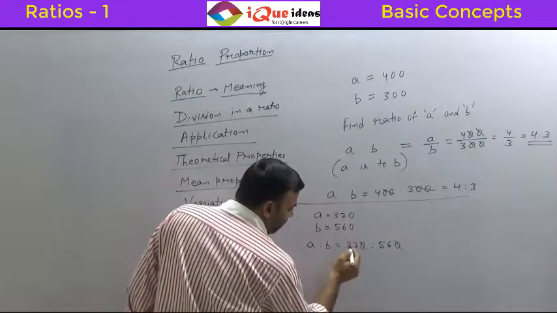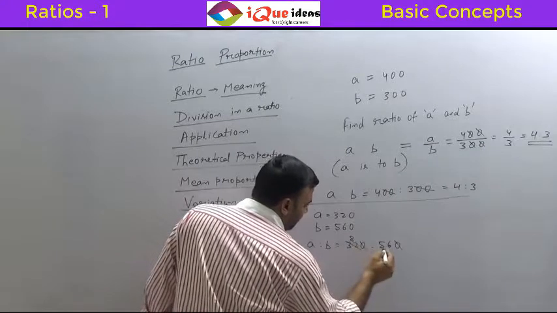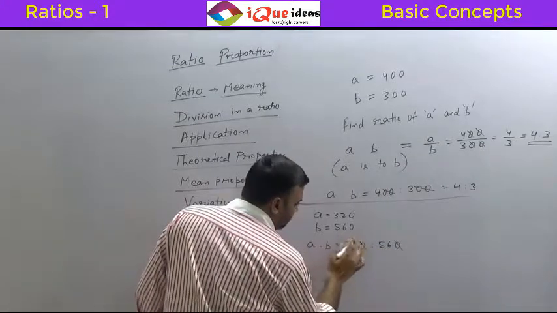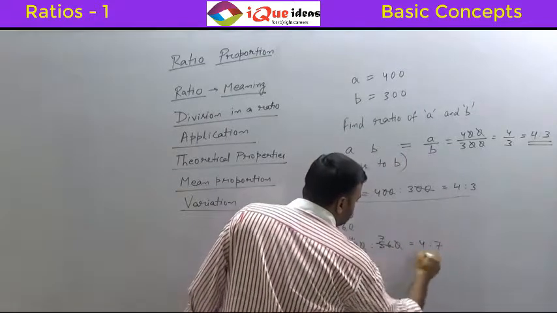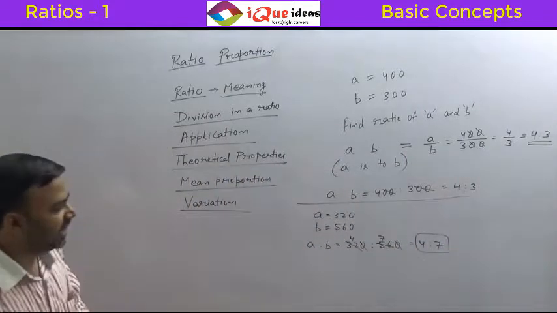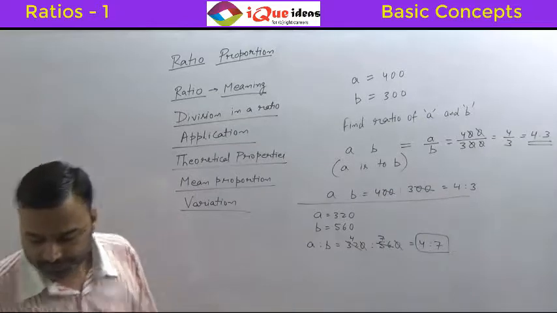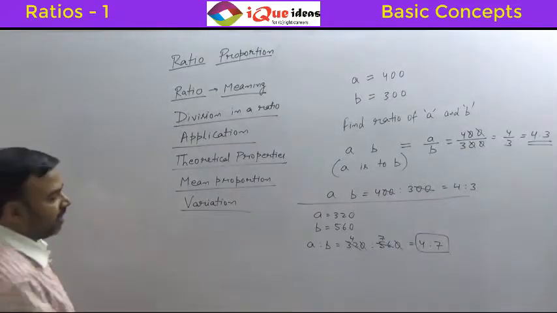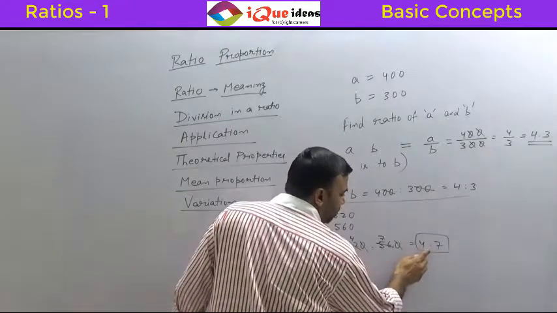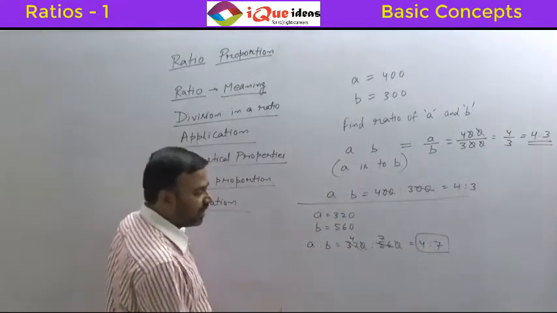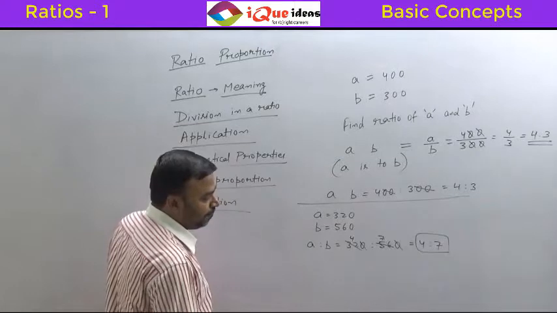Then we can divide by 4, so 4 8s are, or we can divide by 8 also, so 8 4s are and 8 7s are. So the final answer is 4 is to 7. We have to cancel out all the common factors, and in the end, whatever the most simplified form, 4 is to 7. Now there is nothing common. We can also call them co-prime numbers. Once we achieve co-prime numbers, we leave them there.